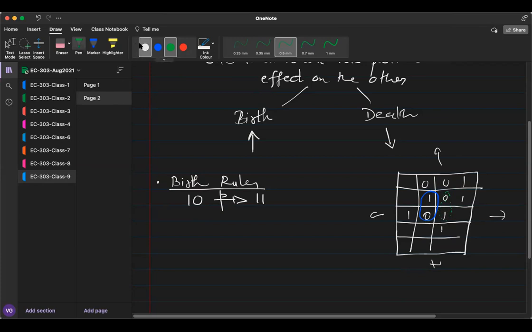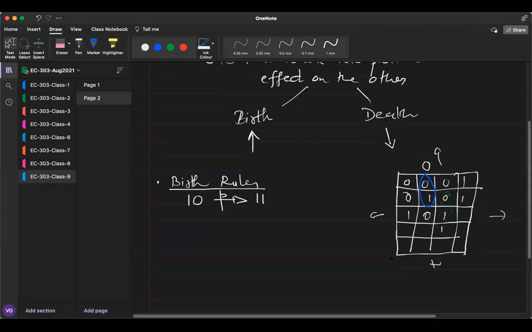I didn't want that to be erased. So let me focus initially on this. Let us assume this was also a 0. And then compare this 0 with this 0.